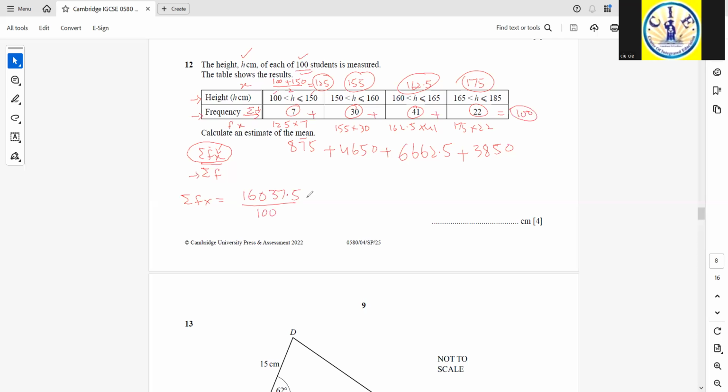So I need to divide it by 100 to calculate the mean, that is 160.375. So that is the mean of this.